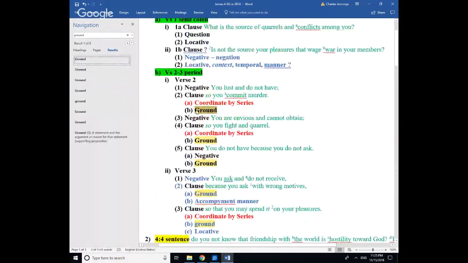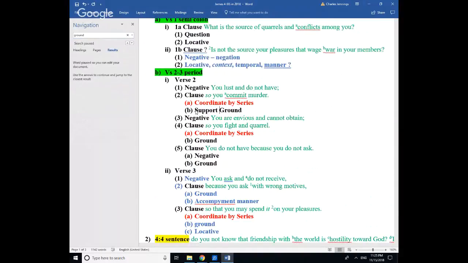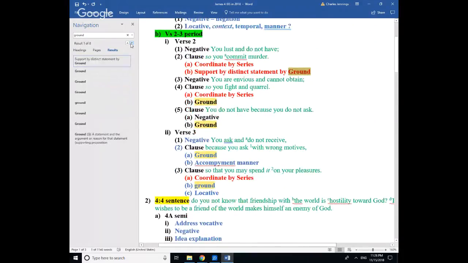So we're going to say support by distinct statement, and we'll just say by ground. I know that kind of looks crazy, but I just wanted us to keep it in our head that when you see a ground, it's a distinct statement. Okay. As you learn these, then you won't have to do this anymore.